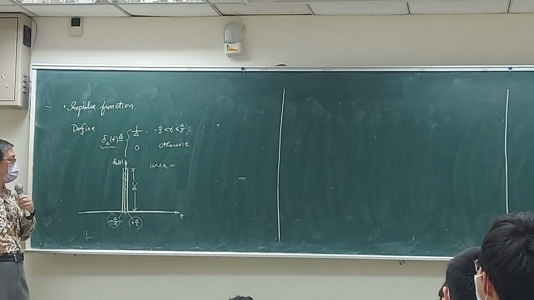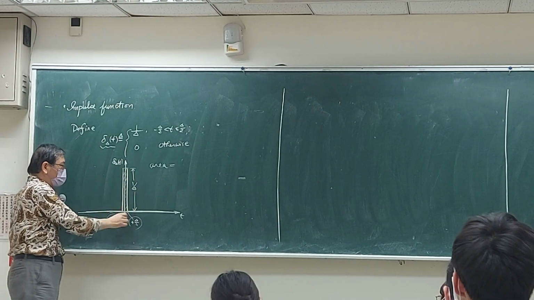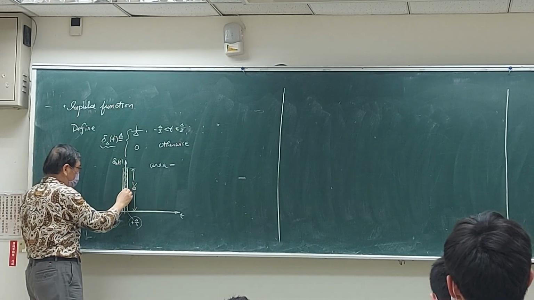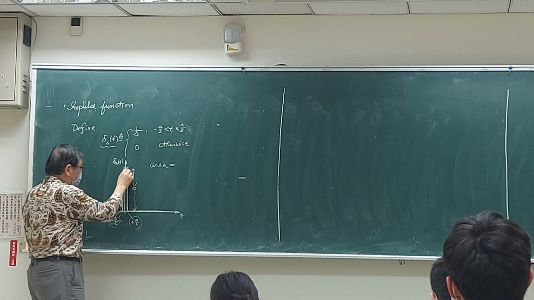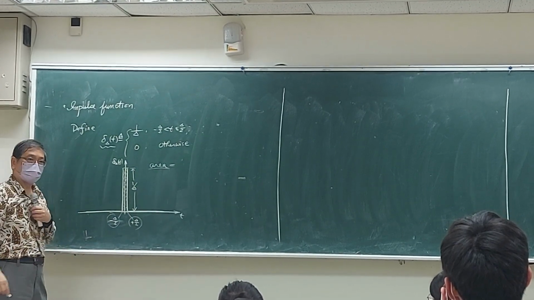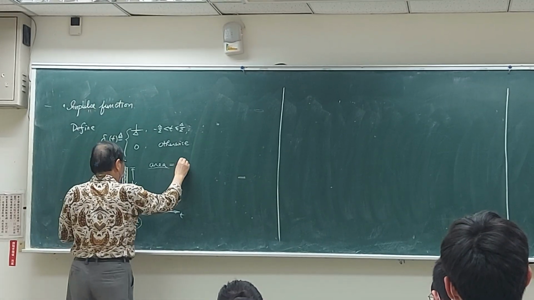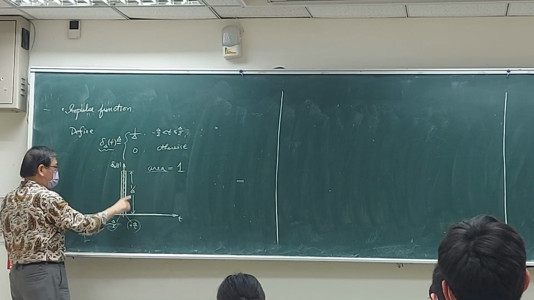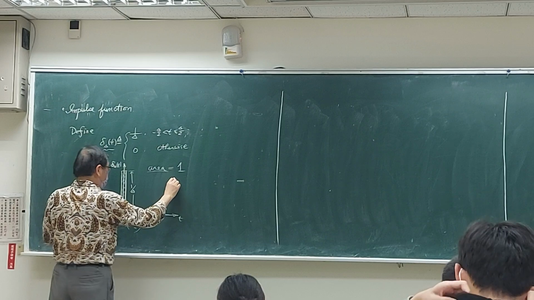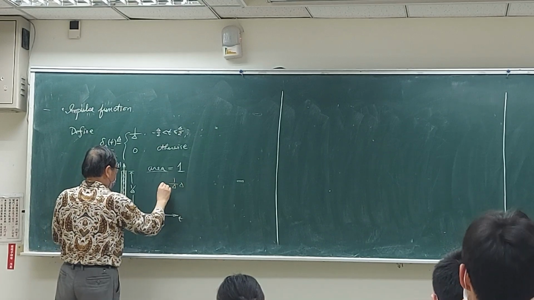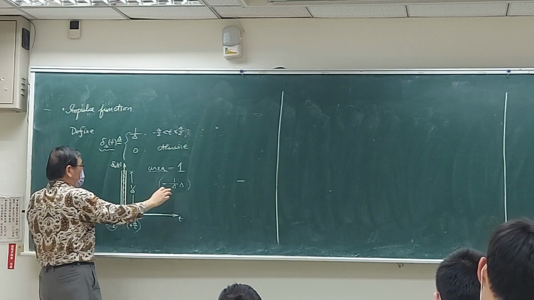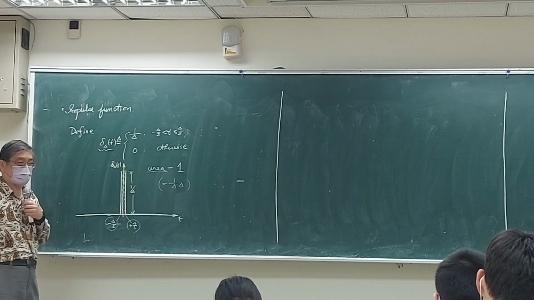Come on, how do you compute the area of this rectangular strip? 1. Good. Great. The height is 1 over delta. The width is delta. So it is equal to 1 over delta times delta, so it is equal to 1. No matter what the delta is, this also equals 1.